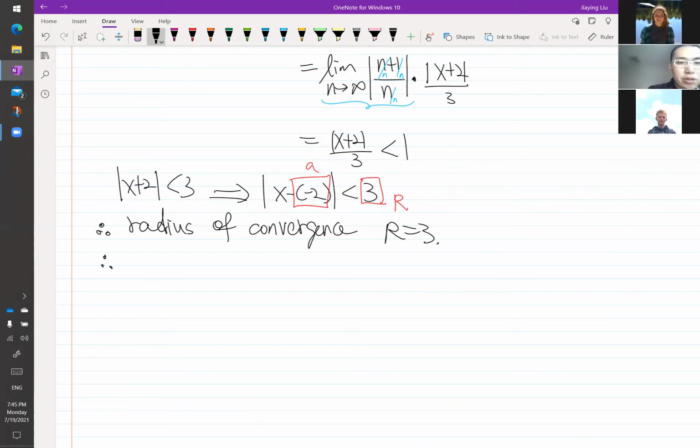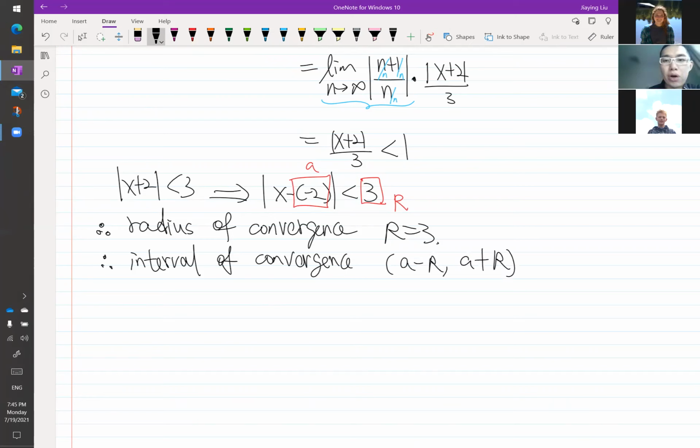How about the interval? Interval of convergence. We know for sure it's going to be a minus R and a plus R. But then we always have to be careful to check the endpoints, because the endpoints could be included in the convergence interval.